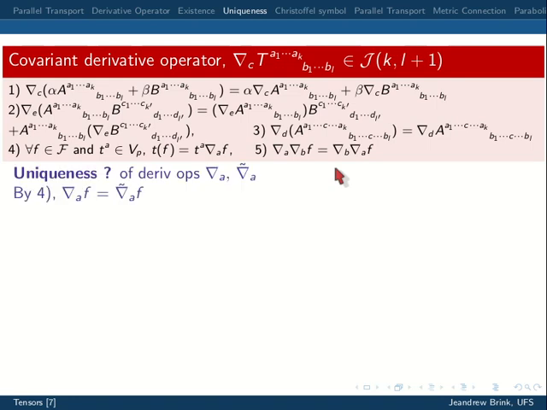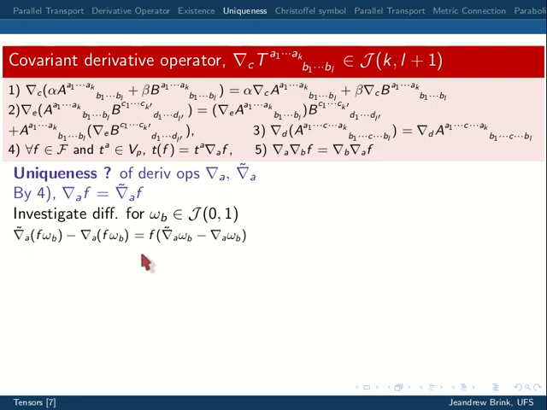Okay, so we're back to uniqueness. This is what I used last time. This is what we were doing with this WB tensor, and we basically showed that this thing is true.